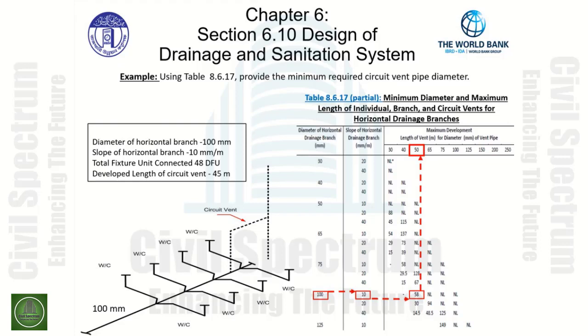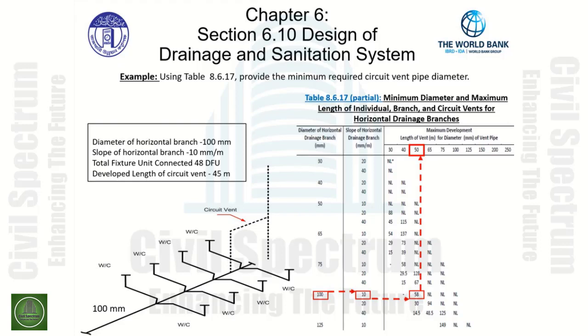Applying the table, we move to the first column and intersect it with the diameter of our horizontal drainage branch. For our example, it is 100 millimeters. We move to the right, and the slope of the horizontal drainage branch indicated in our example is 10 millimeters per meter.